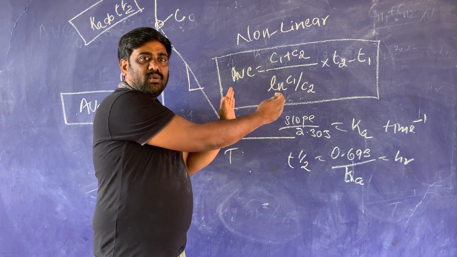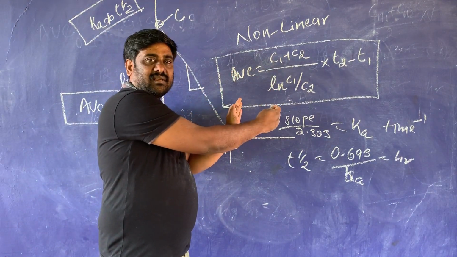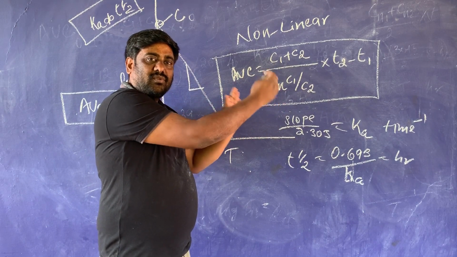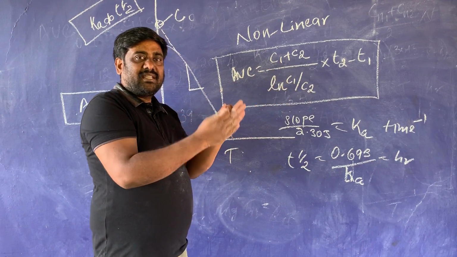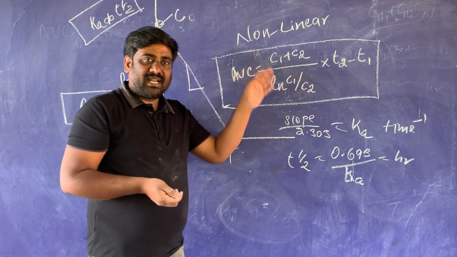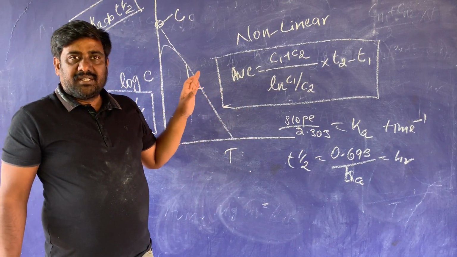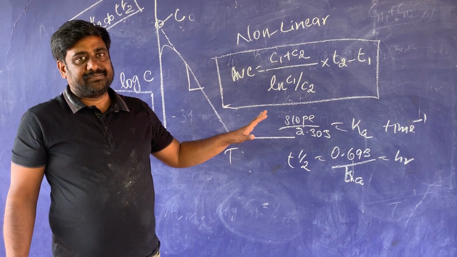From 1 hour to 2 hour, the non-linear area is calculated, then 2 to 4 hour, 4 to 6 hours, 6 to 8 hours separately calculated, and the sum of all those is added to find the total AUC 0 to T.